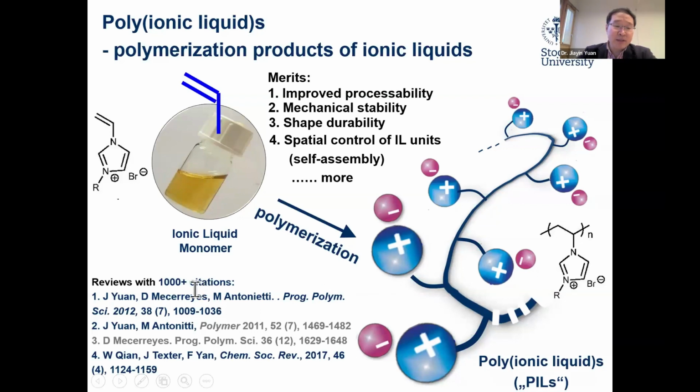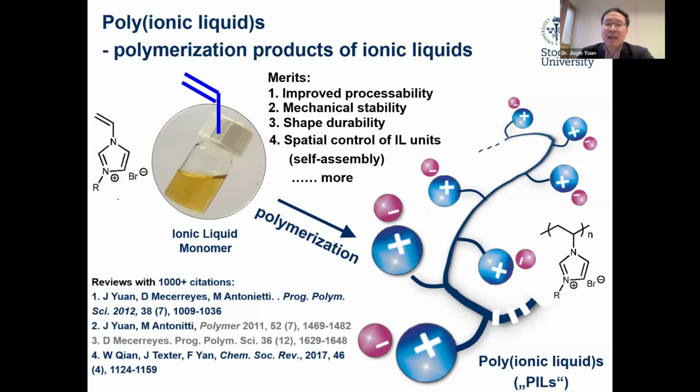Here I also list the 4 review articles and of the pioneers in the field. And they have been cited almost 1,000 or above 1,000 times in literature, so highly cited papers already. When you polymerize ionic liquids into PILs, the merits you obtain from the polymer is the improved processability in terms of the polymeric nature.